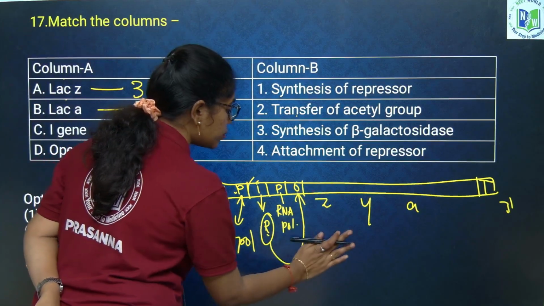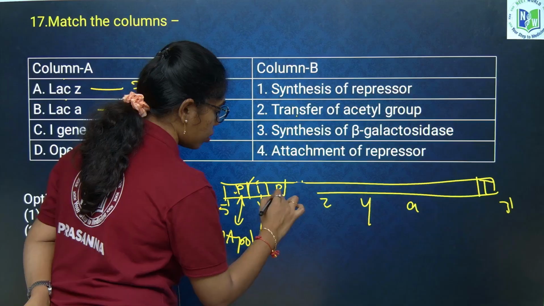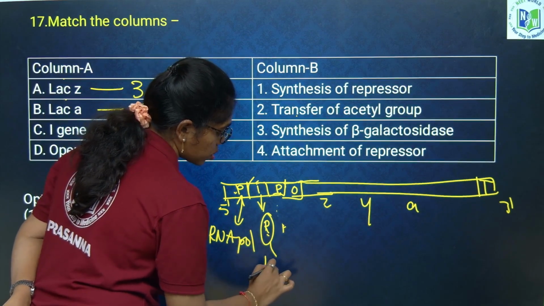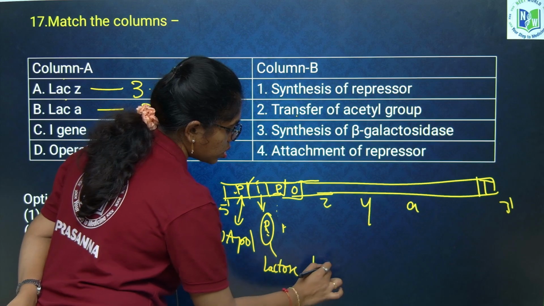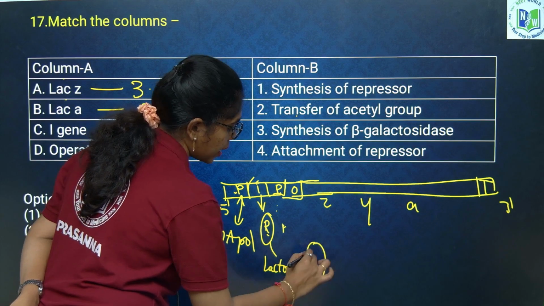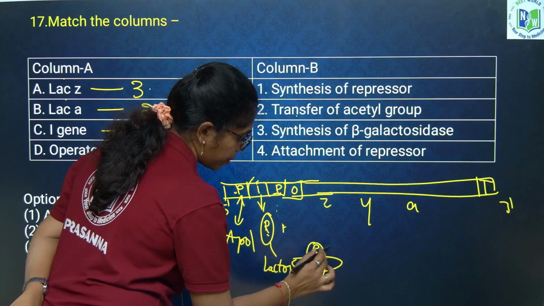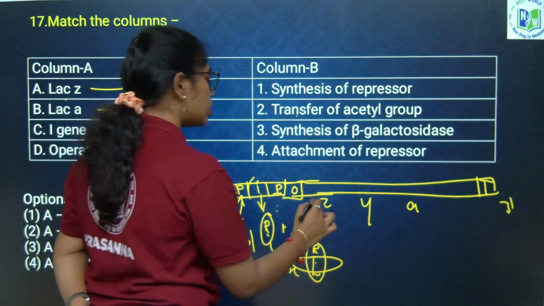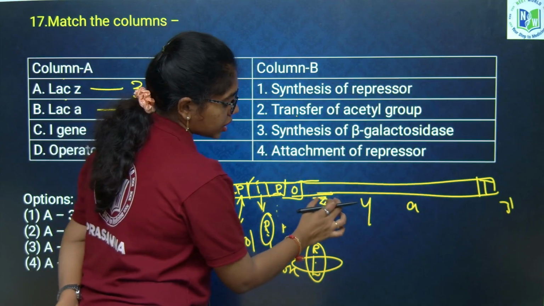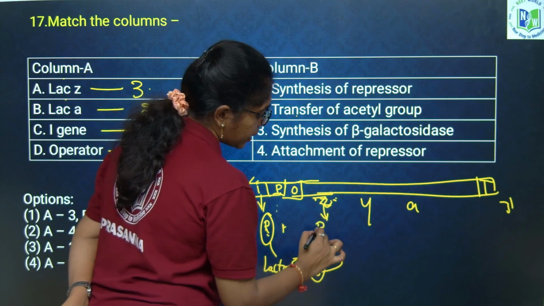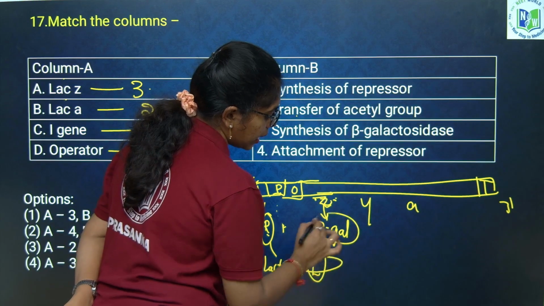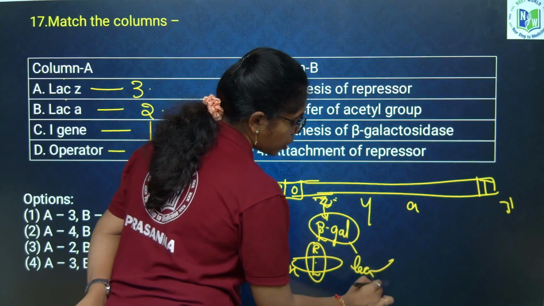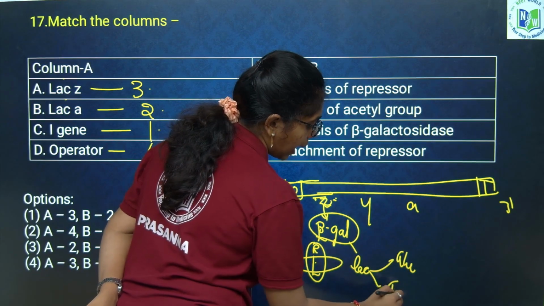If lactose, which is the inducer, is present, lactose will come and bind to the repressor. Now the repressor cannot bind to the operator, and gene expression starts. Structural gene Z will code for beta galactosidase, which will cleave lactose into glucose and galactose.